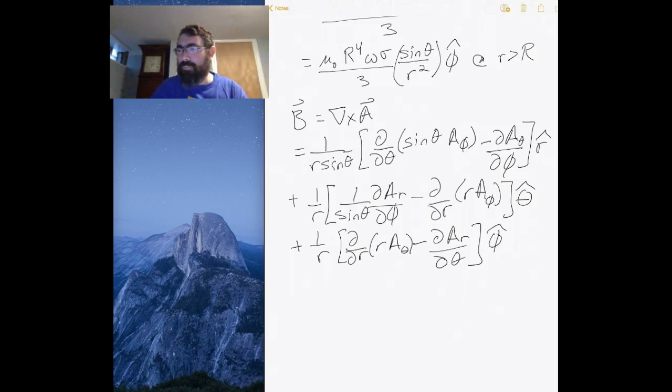So what we have is a potential which is only in the phi direction. So that means A sub r is 0, A theta is 0.